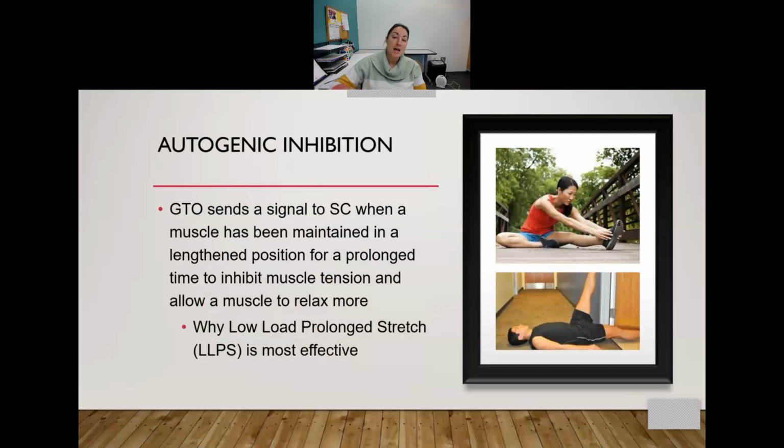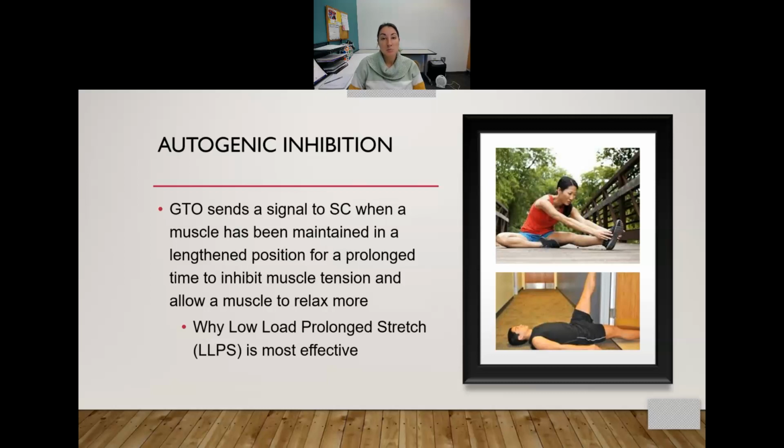Autogenic inhibition. This is kind of the opposite. When you are stretching slow and you maintain a position for a long time, remember about 30 seconds is kind of the key, then there is a signal again at the level of the spinal cord that is sent to the muscle that says, we're going to be here a while. Go ahead and relax. Let's let your guard down. We're going to stay in this position a while. So then it allows the muscle to relax.